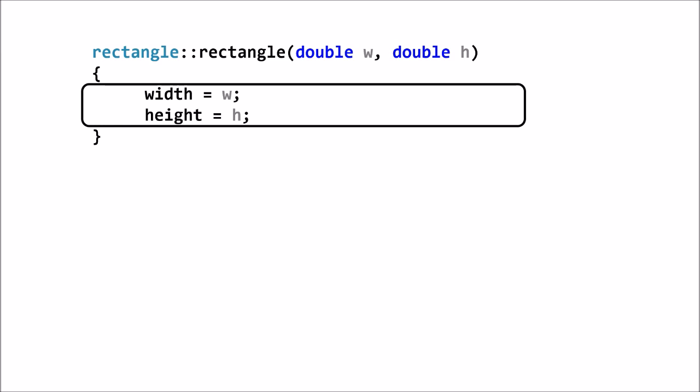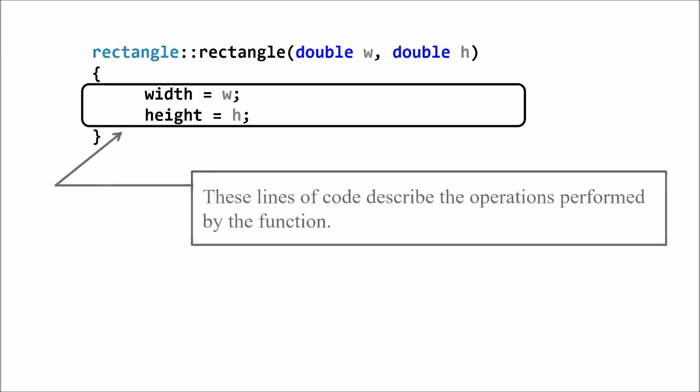For this constructor function, the function takes the value that is passed to the local variable w and assigns that to the data member of the object that we are calling the rectangle object, the width data member, and then it takes the value that is passed to the local variable h and assigns that value to the class data member called height. So these lines of code describe the operations that are performed by the function.